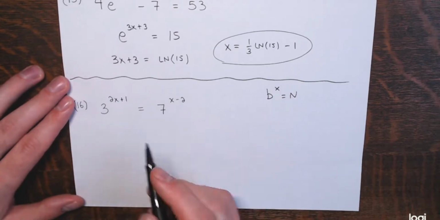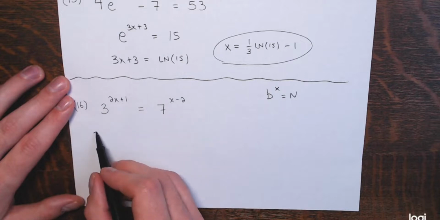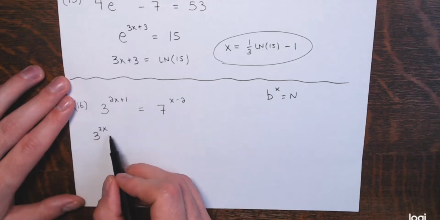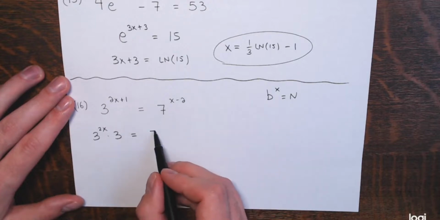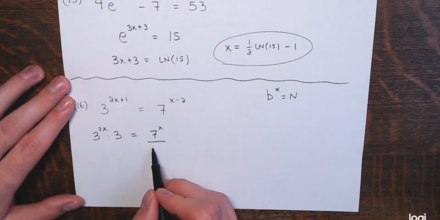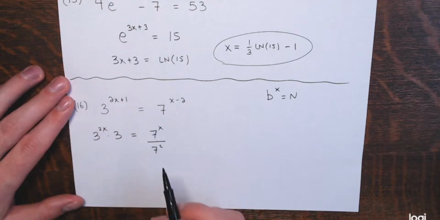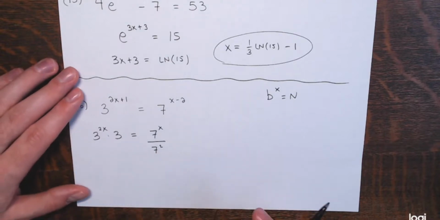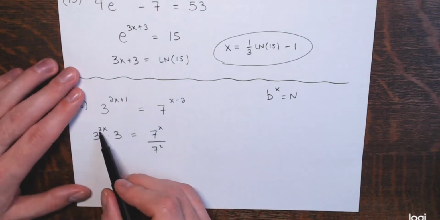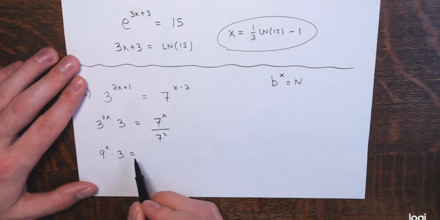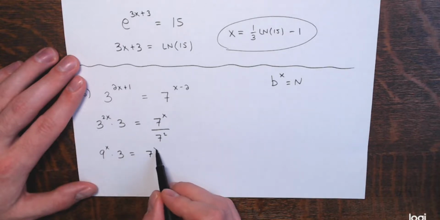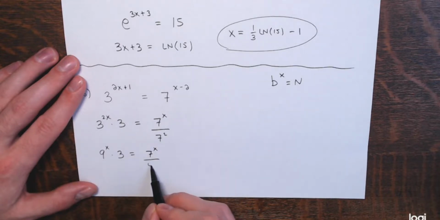So 3 to the 2x plus 1, that's 3 to the 2x times 3 to the 1. 7 to the x minus 2 is 7 to the x divided by 7 squared. Now 3 to the 2x is actually 9 to the x. So I have 9, 3 squared to the x. So that's 9 to the x times 3 equals 7 to the x, and then divided by 7 squared, which is 49.